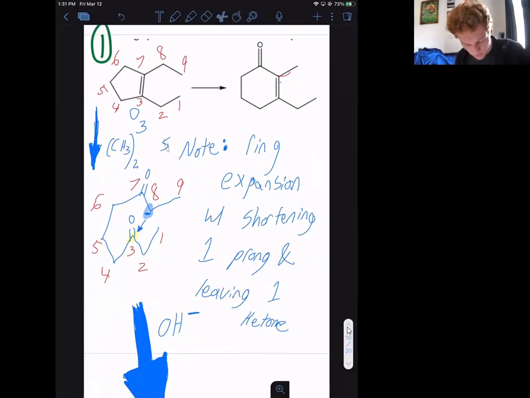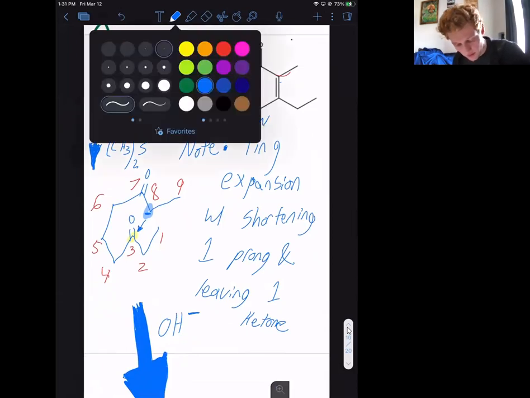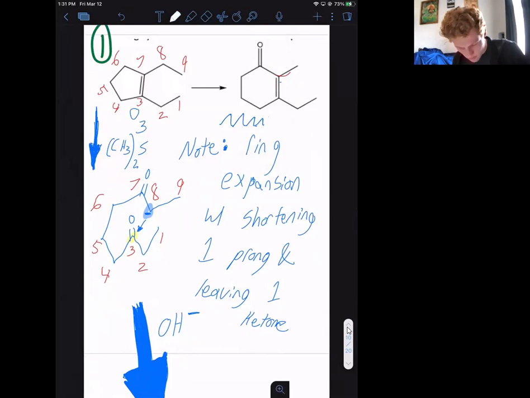That's just the solvent for ozonolysis. This will be your product. I drew it in a prettier way. In reality, it would look more like this, with the carbons numbered 1 through 9.